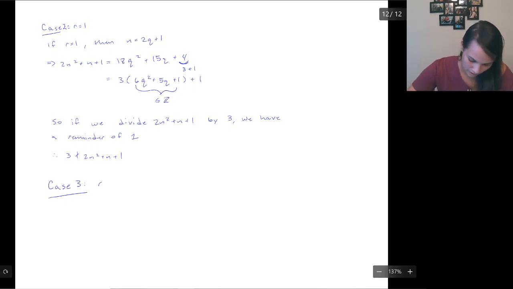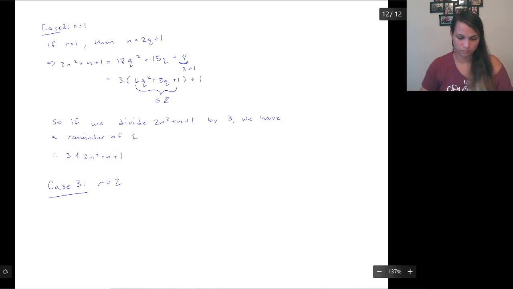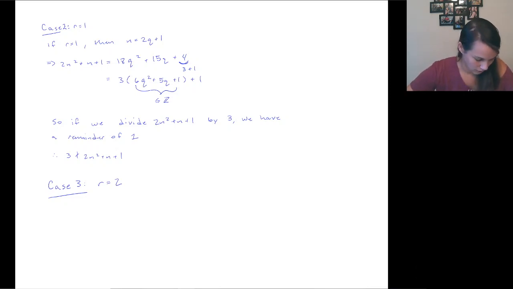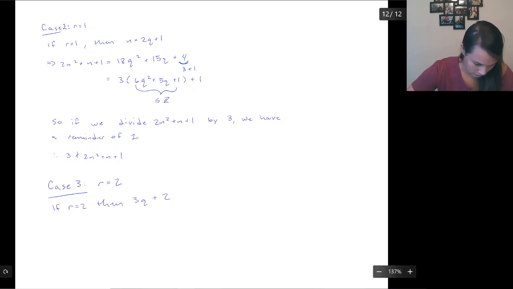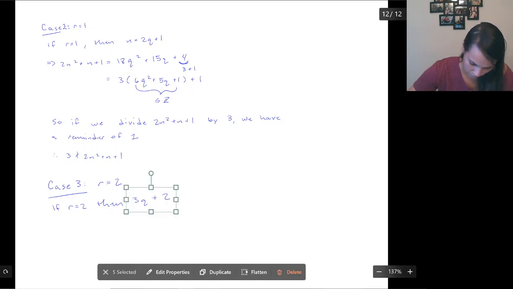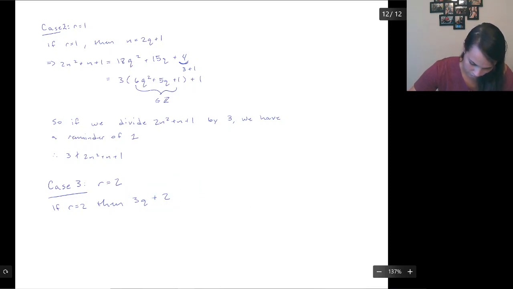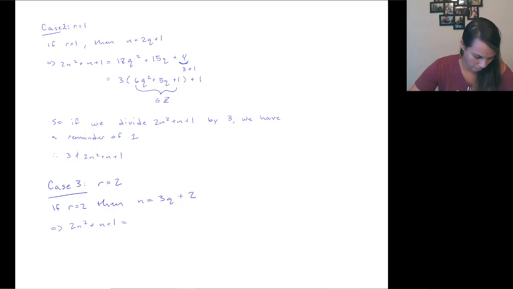So case 3, r is equal to 2. If r equals 2, then n equals 3q plus 2. So then when we sub it in, we get 18q squared plus 27q plus 11.